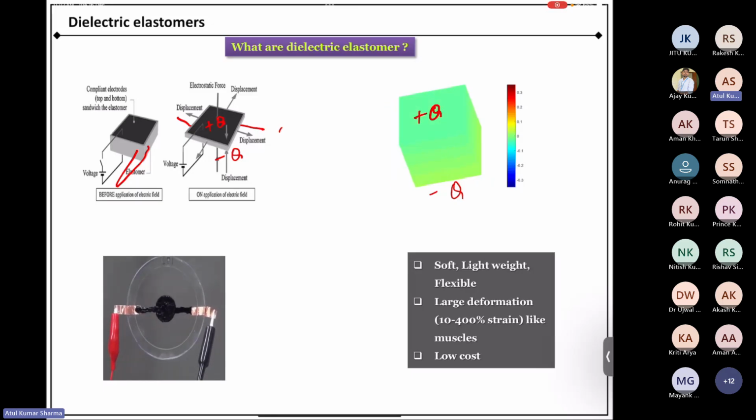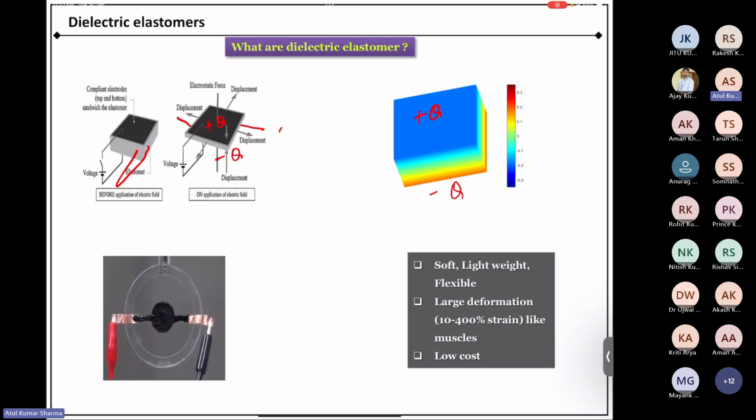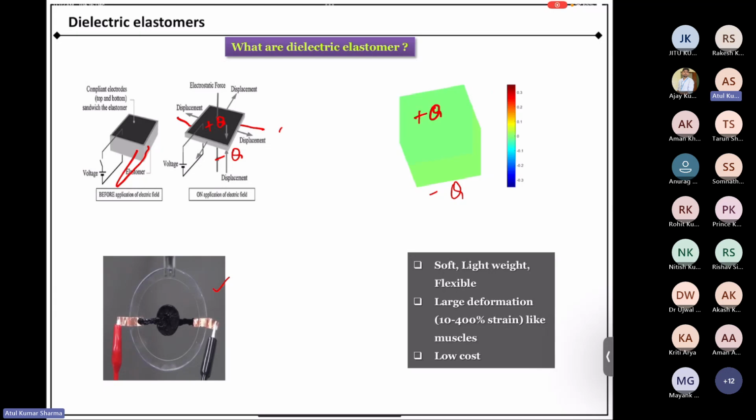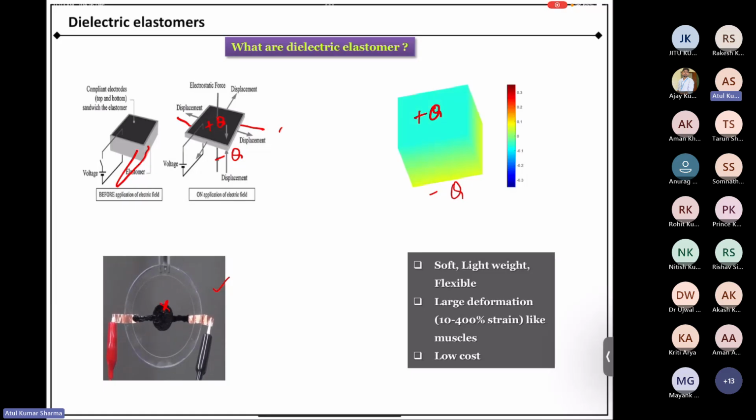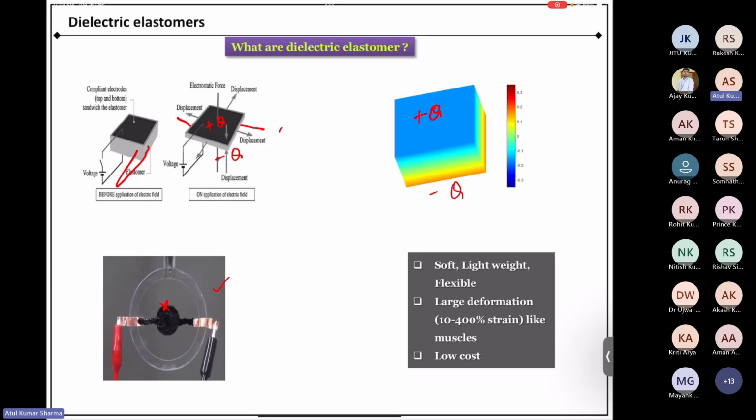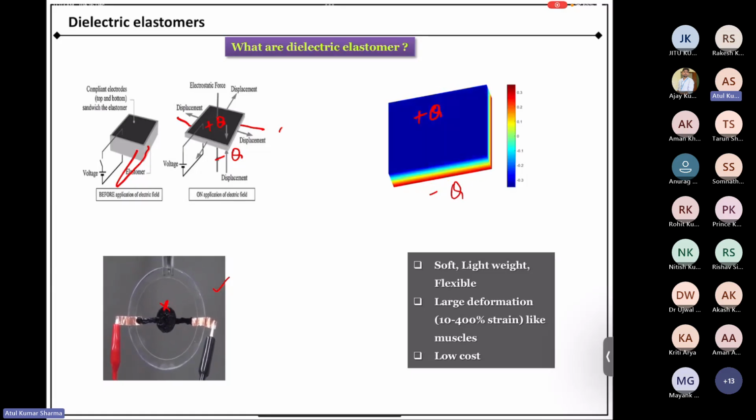And this is the experimental one. Here we have a compliant electrode, and you can see the expansion of the membrane in the lateral direction, and there is also a contraction in the thickness direction.